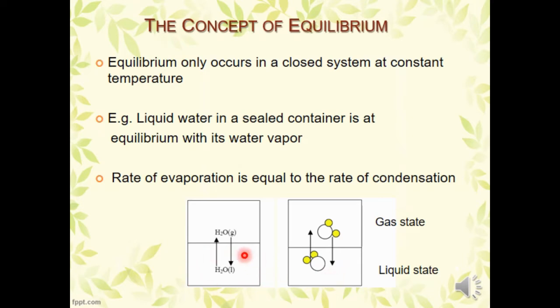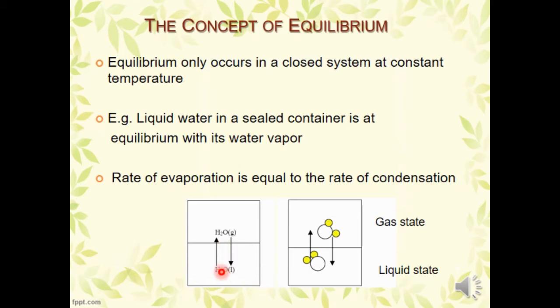So let's say if you have 6 molecules here, you also have 6 molecules here. If one of the molecules here evaporates, at the same time another molecule in the gas state will condense to form liquid. So it has to be equal, so that it will remain 6 here and 6 here.